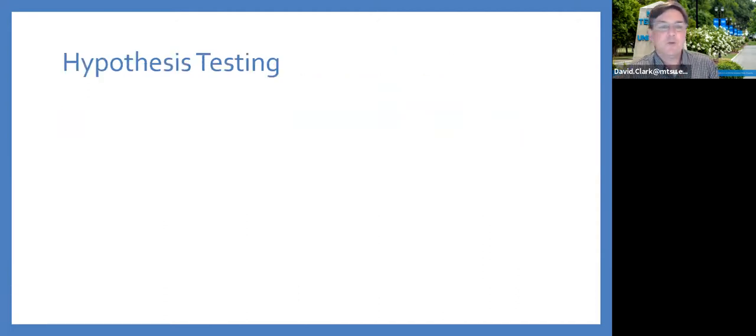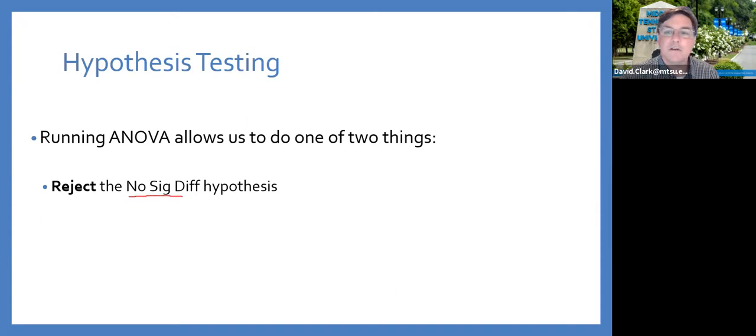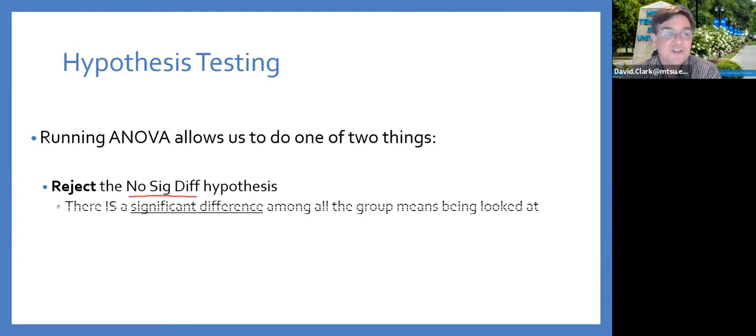Okay, so when we do the ANOVA, that's going to allow us to do one of 2 things. We're either going to reject that no significant difference hypothesis. If we reject the idea that there's no significant difference, then we default to saying that there is a significant difference.